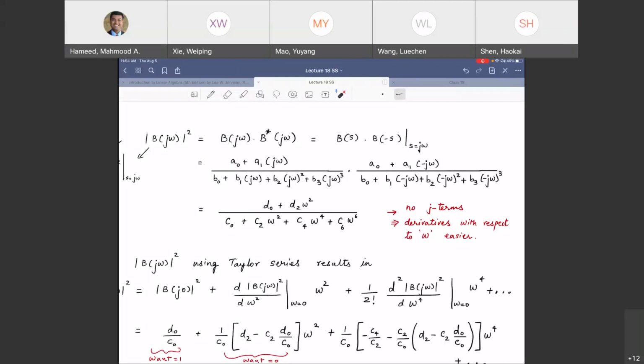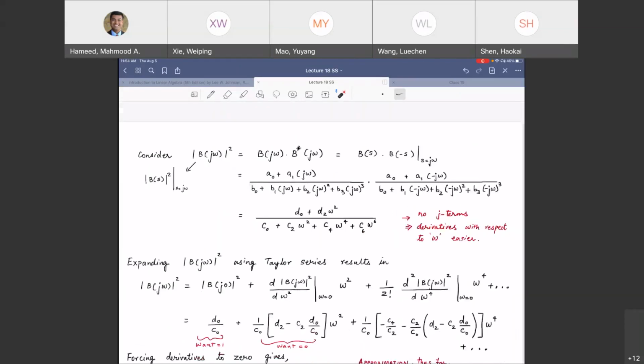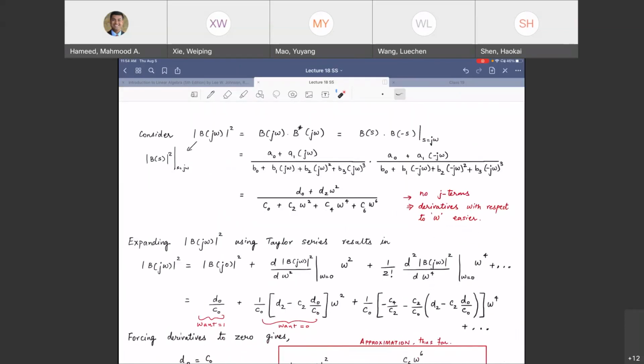Now our goal is slightly different. Find D0, D2, C0, C2, C4, C6, right? Instead of finding A's and B's, we are now finding C's and D's. And the convenience is what? Because we considered the complex conjugate, you didn't get any j terms. You didn't get any complex terms, which is why the derivatives are going to be easier with respect to omega.